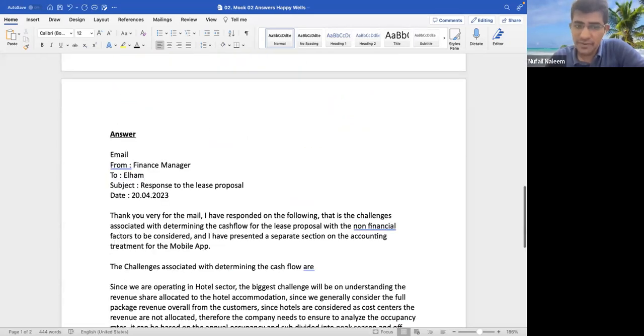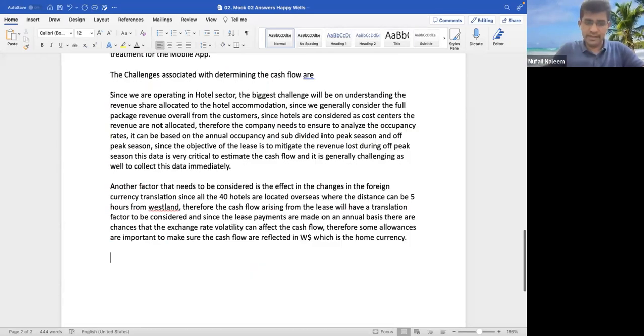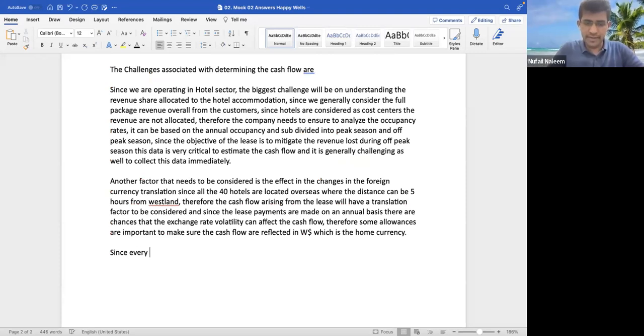Now, students, the next one, just to make sure, the savings of overheads in each hotel. So that is one more factor. Since every hotel may have its unique form of presence.